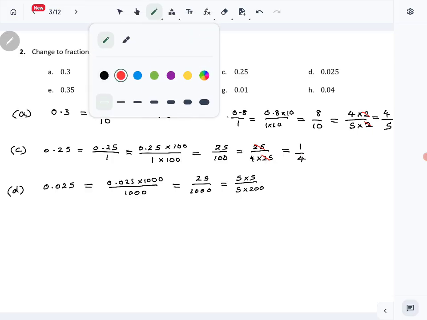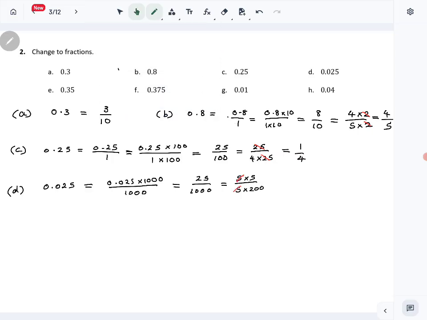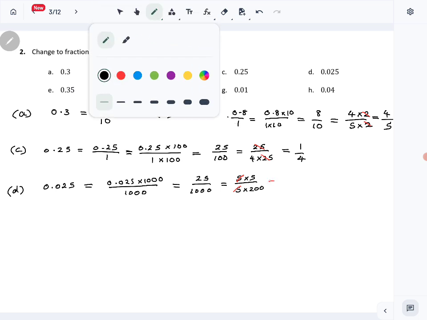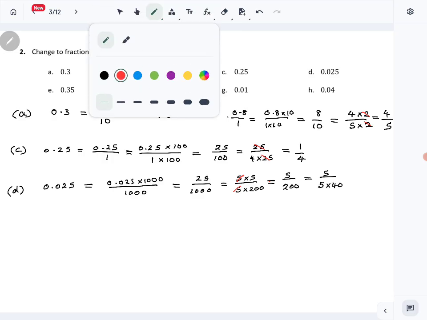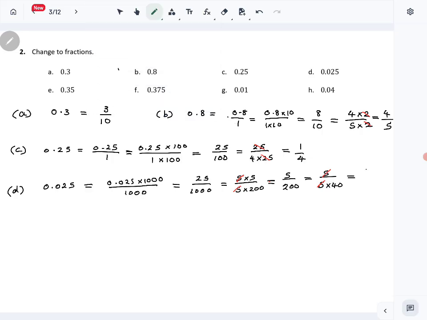So then I can cancel one of the 5s. Then again simplify until you don't have common factors. 5 over 200. So 200 can be written as 5 times 40. So again I can cancel the 5s. So what's the answer? 1 over 40. Right.